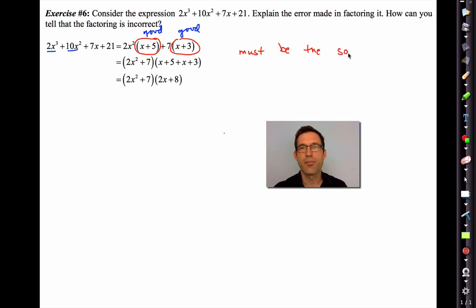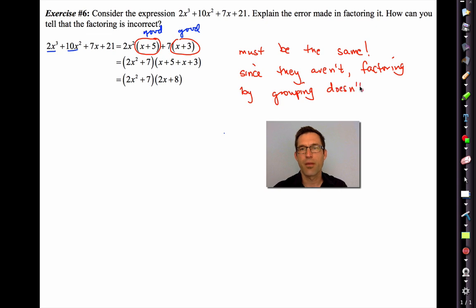They must be the same. Okay, since they are not, factoring by grouping doesn't work. So you shouldn't push it, right? Maybe there's some other way to factor this.